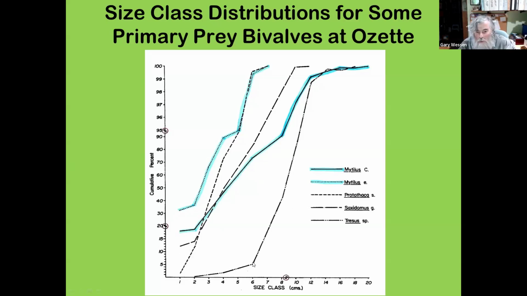And if we look at the horse clam, this last one here, specimens smaller than 6 centimeters are less than 5% of the assemblage. And if you go out with Makah shellfish collectors now, they'll tell you that the horse clams are much more deeply buried than the steamers and the butters.